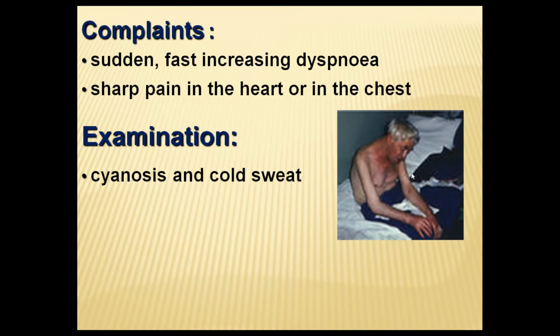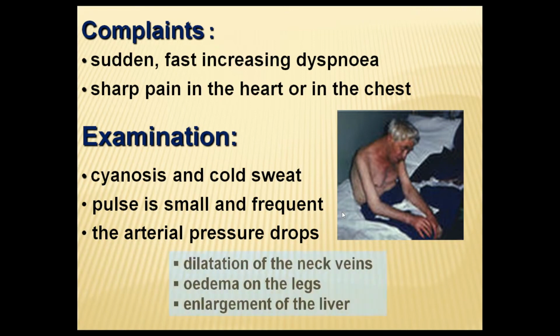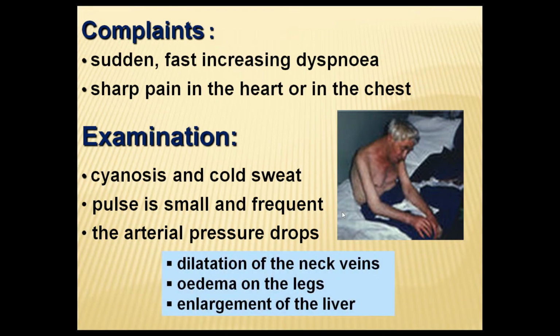Face, neck and chest become dark bluish color. Pulse will be small and frequent as a protective response of the heart. Arterial pressure drops because there is no blood circulation.